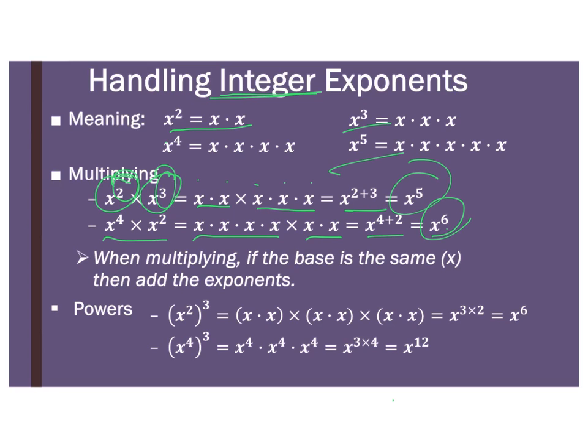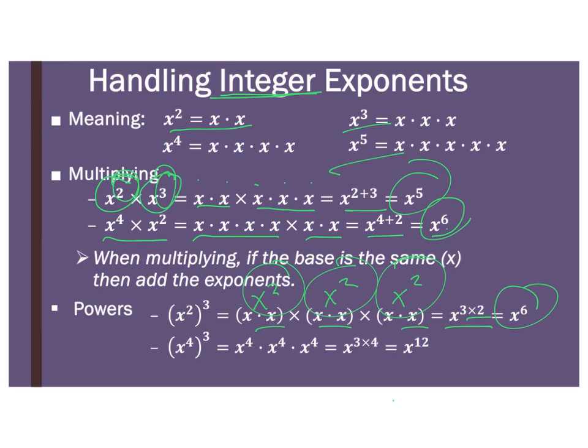Now, when we raise a power to a power, x squared cubed is really x squared times x squared times x squared, right? Which is 2 x's times 2 x's times 2 x's. This gives us 1, 2, 3 squares. So that's 3 times 2. There's 3 of them, which is x to the sixth.